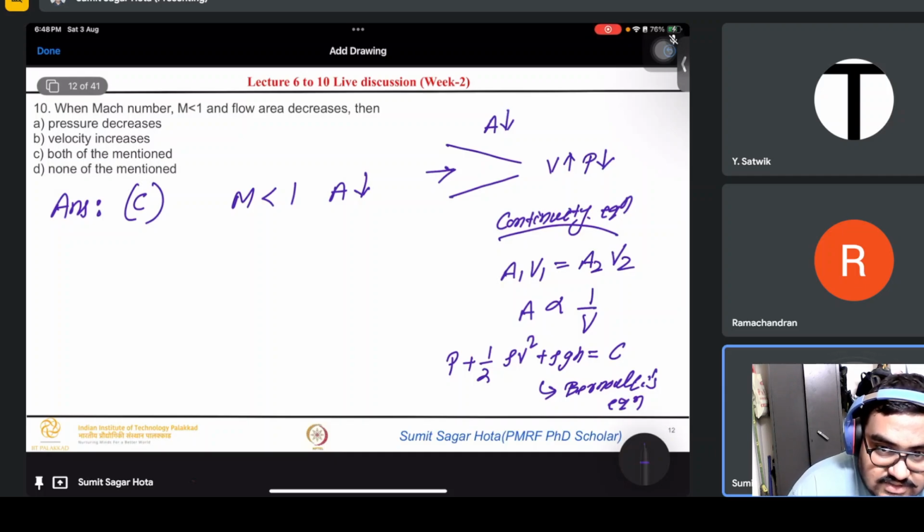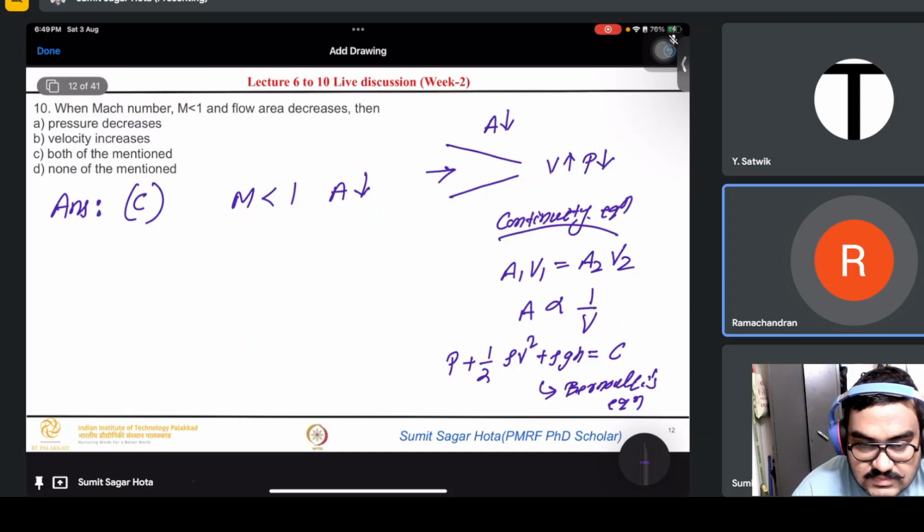If it goes to 0, the area would have to be so small and the velocity so high, maybe infinite, then only the pressure will come to 0. Practically velocity cannot go to infinite, so it's very high and very low, and obviously it's not possible to achieve 0 pressure. So most probably stagnation options will be the wrong option. Stagnation or static, all these options. Decrease or increase will be the correct option.